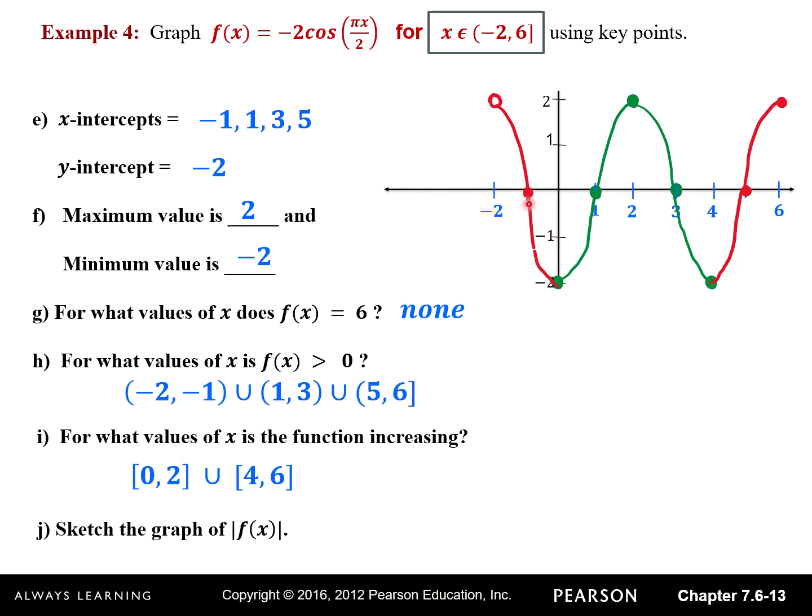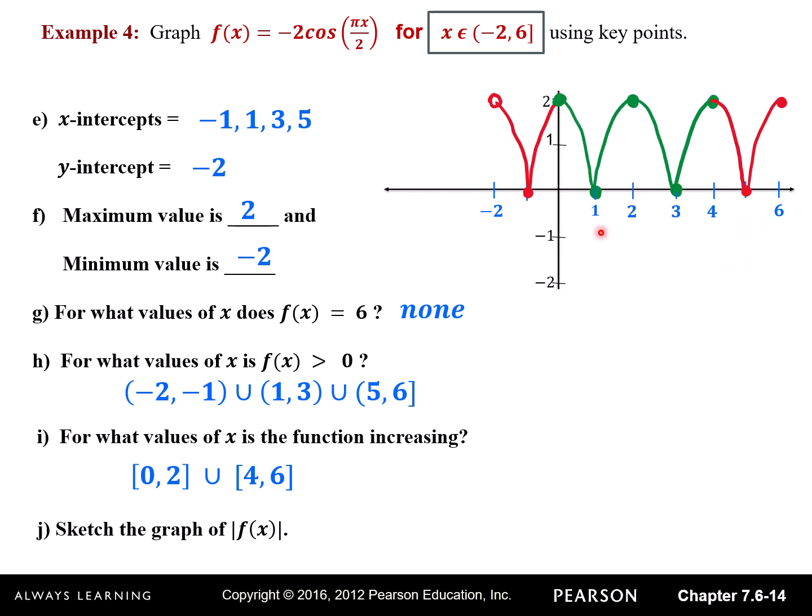So if the graph is below the x-axis like this, then it will be reflected on the x-axis. This graph here will also be reflected on the x-axis because it will be positive. So there will be no graph below the x-axis. It will be reflected over here. So the graph will be like this.